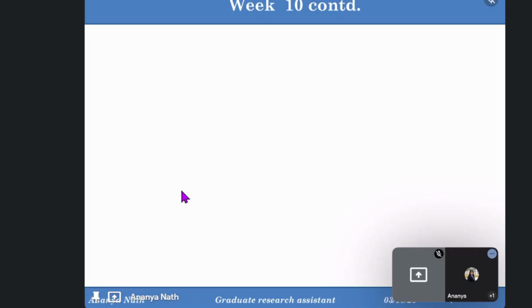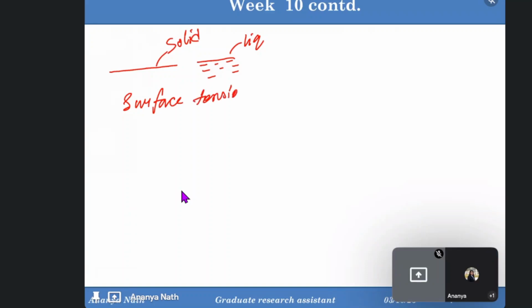Okay, this is liquid and this is solid. So, can you tell me or comment on the surface tension of these two surfaces? Where the surface tension will be more or where it will be less?